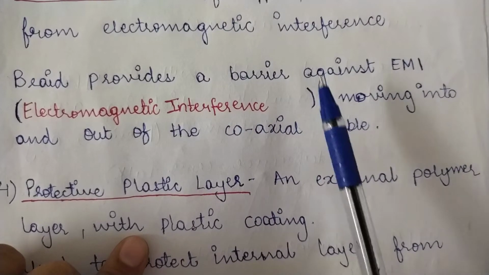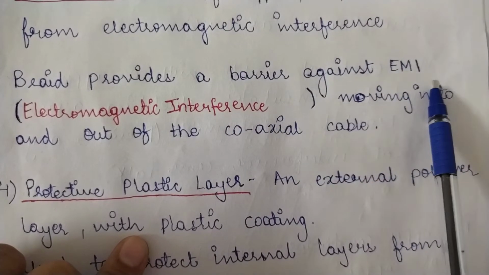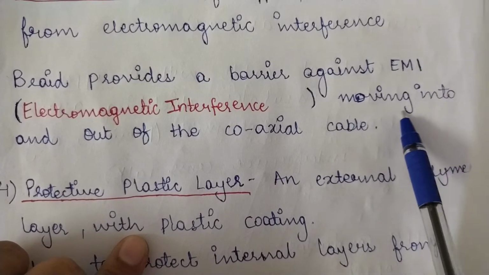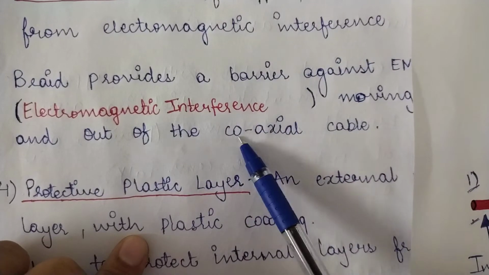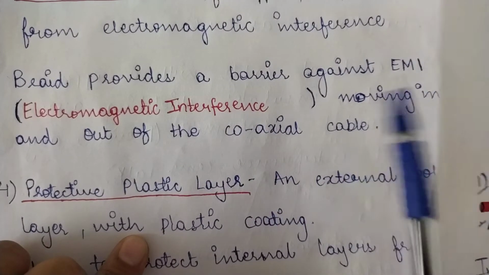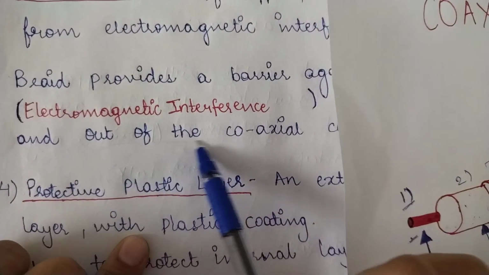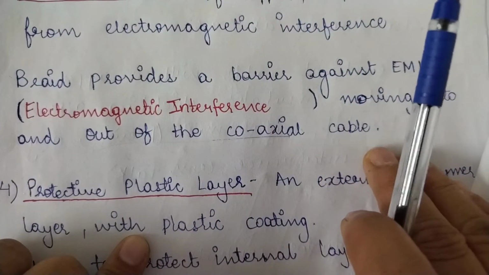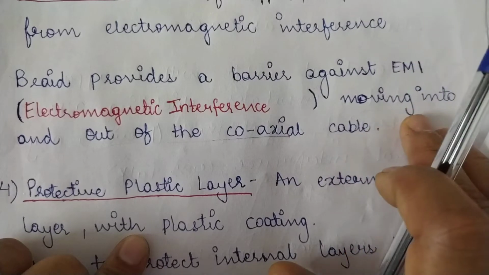When it provides a barrier against the EMI, it prevents any kind of electromagnetic signals from moving in and out of the coaxial cable. When I say moving into and out of the coaxial cable, that means I do not want any data from the coaxial cable to leak out.